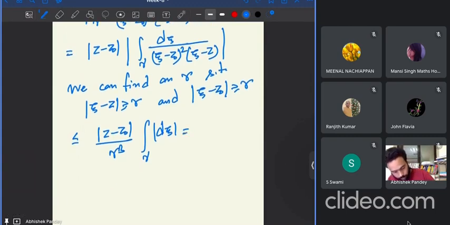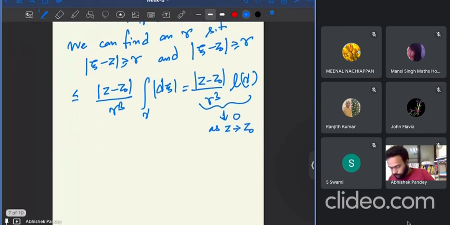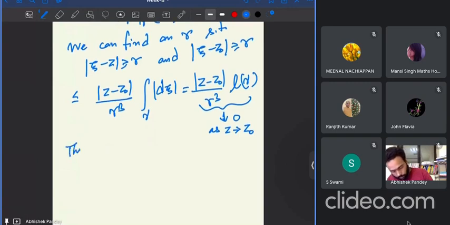This is nothing but mod z minus z naught upon r cube into the length of the curve gamma. So this is ultimately constant, this is also constant, so as z tends to z naught, it means that this quantity tends to 0 as z tends to z naught.